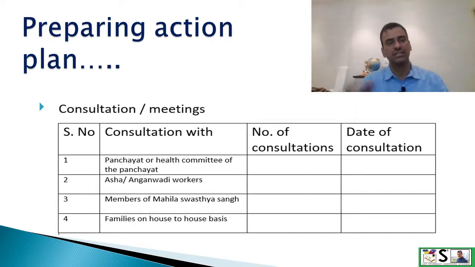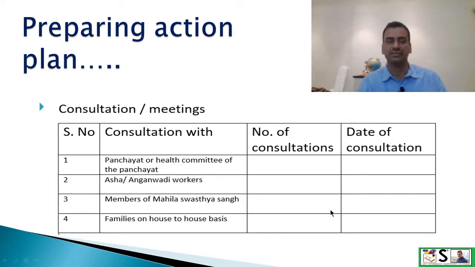Apart from this, then we write the meetings or consultations. Normally when we plan, we conduct some meetings for getting the data as well as suggestions from the community people or Anganwadi workers or the village influencers.